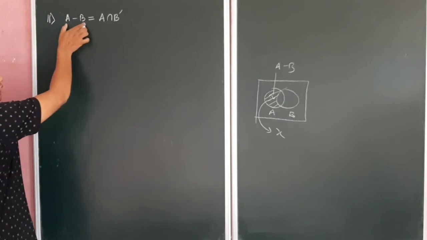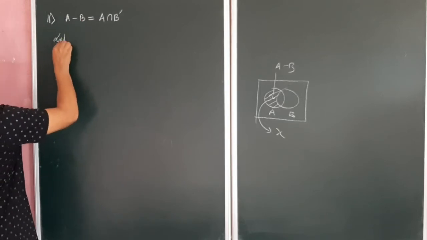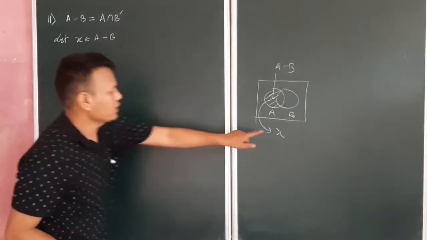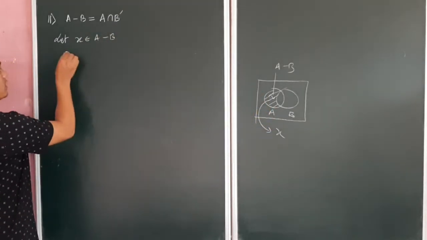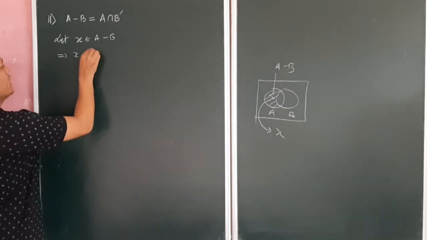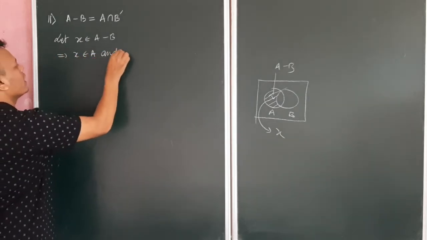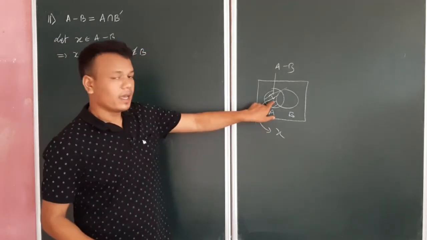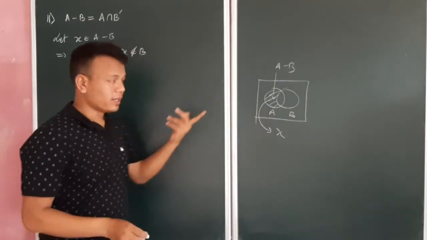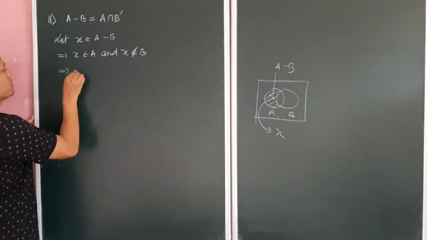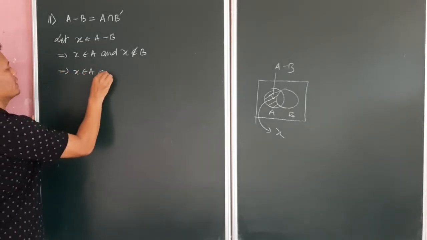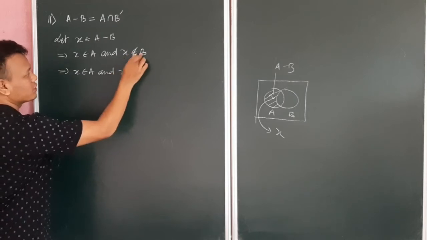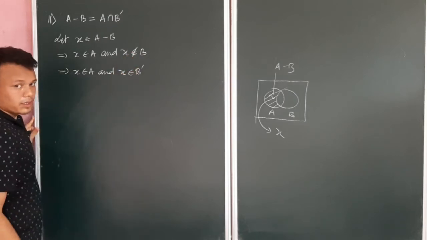I am choosing one random element from here. So let X belongs to A minus B. Now if X belongs to A minus B, this means that X belongs to A and X does not belong to B, isn't it? Yes, X belongs to A and X does not belong to B, right? So this means that X belongs to A and X belongs to B complement, isn't it?